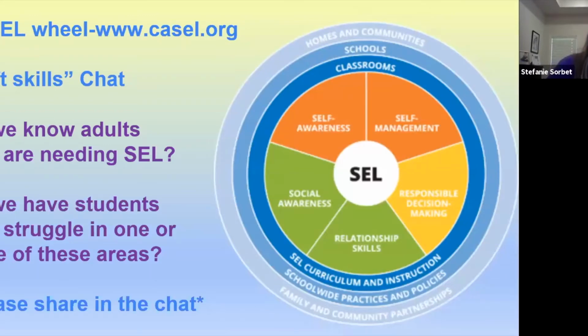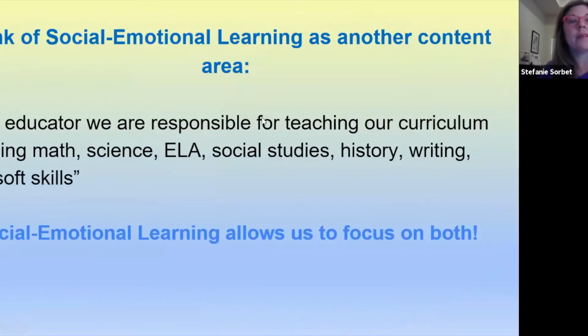So if we go on and we think about social emotional learning, we can think about this as another subject area. As an educator, we're responsible for teaching curriculum, including math, science, ELA, social studies, history, writing, and soft skills. Social emotional learning objectives allow us to focus on both. So these objectives can be embedded within your regular curriculum.